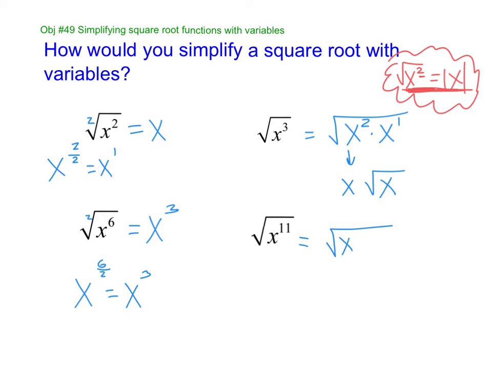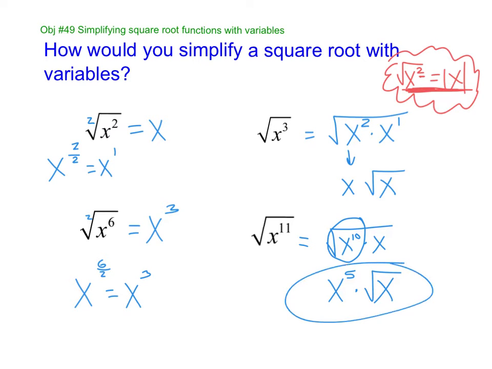So this is really x to the 10th times x, because x to the 10th, you just divide by 2 and get 5, right? X to the 5th times x to the 5th. So basically you just go down by 1, and then you're able to divide by 2, right? Because you have x to the 10 over 2, x to the 1/2. You can't simplify that 1/2, but 10 over 2 is 5.